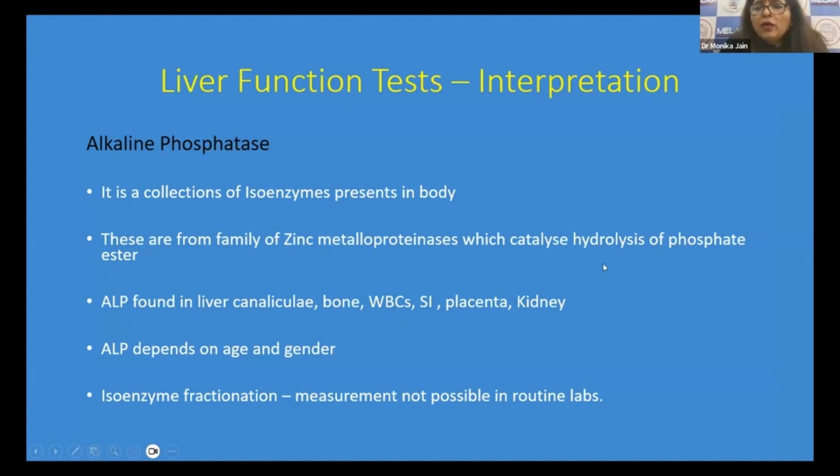So look at the origin of alkaline phosphatase. We have so many areas. And how can we differentiate the origin of this? This is possible by isoenzyme fractionation, but that is not presently available in routine labs. Only for research purposes can we do this investigation. And ALP depends on age and gender.